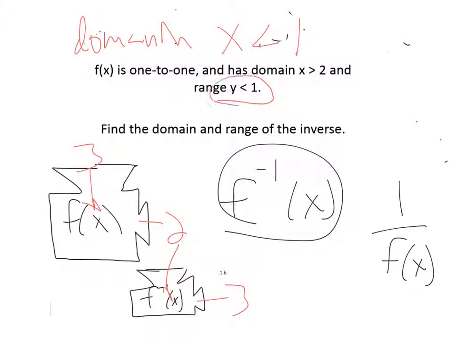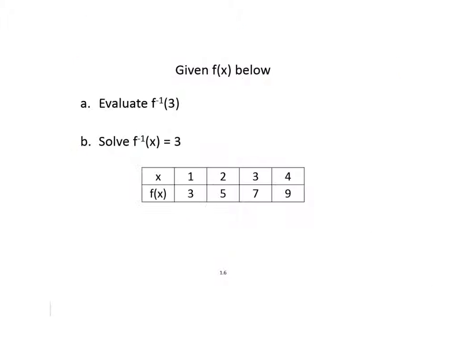Notice I switched, the old y became the new x, and the range becomes y is greater than 2 for whatever graph, whatever function, whatever definition they have for us. Okay, but all you've got to remember is you're just switching the x and the y. It's that easy, really.